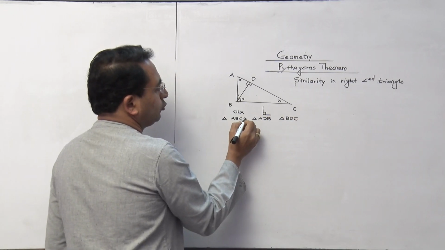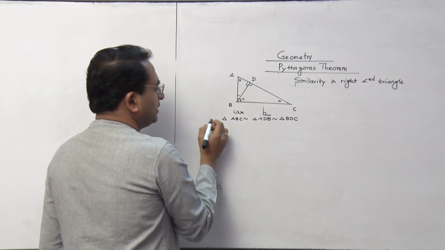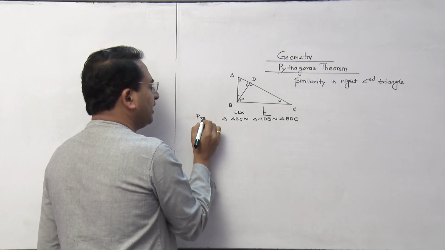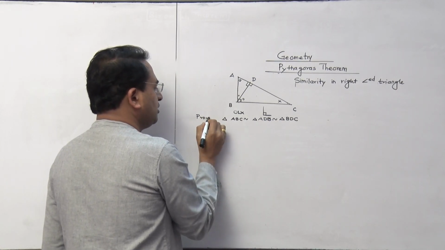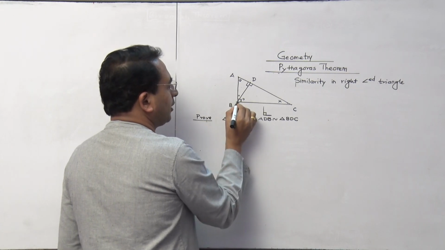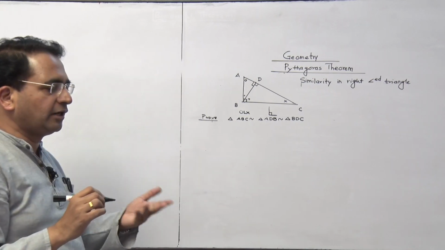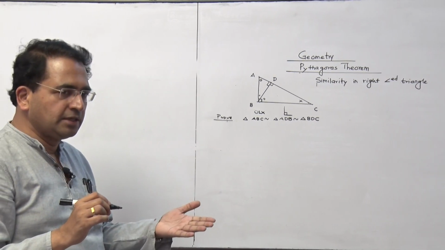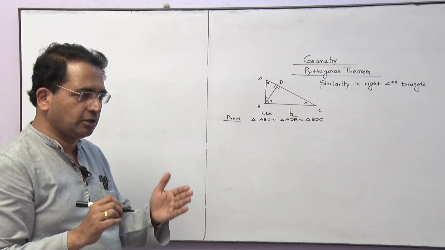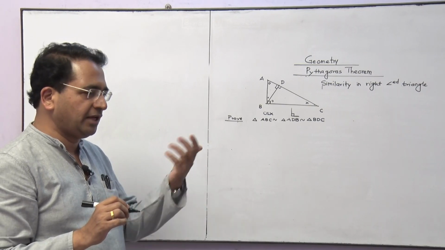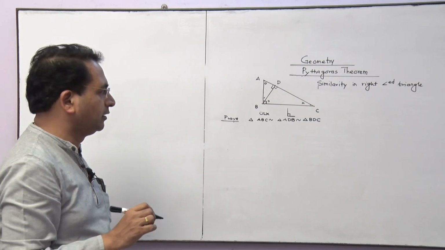This is what you have to prove. This is proof. They normally ask you this question, that if you draw the perpendicular on the hypotenuse, whatever right angle triangles are formed, these are similar to each other. At the same time, they are similar to the original triangle.